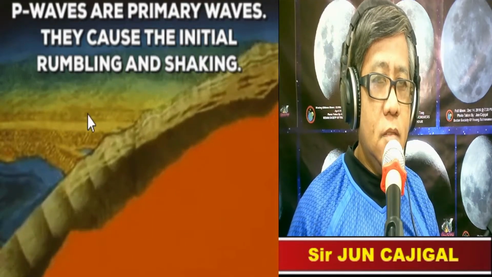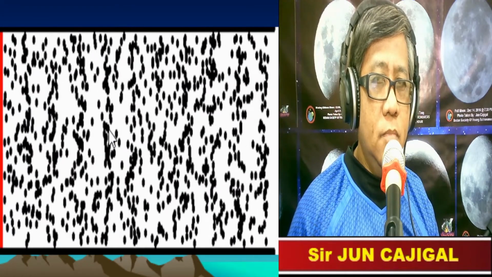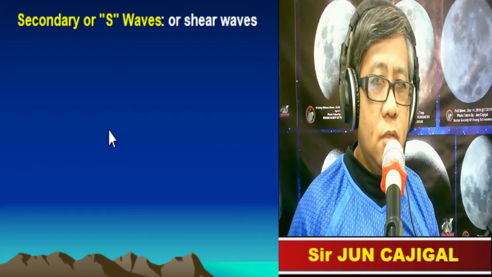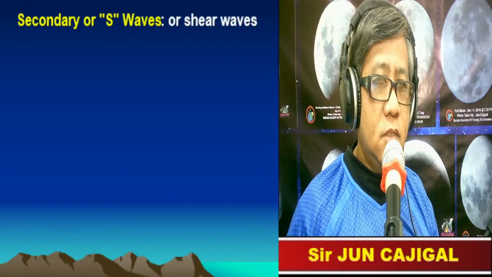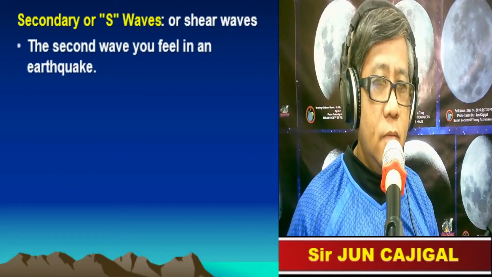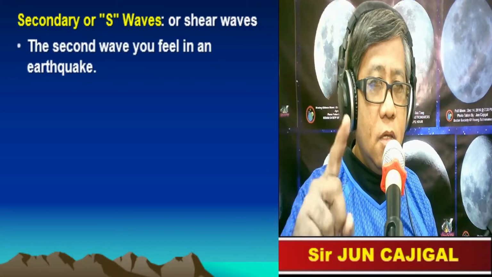Now, the second type of seismic wave is known as the secondary wave or the S wave, or sometimes shear waves. The secondary or S wave is the second wave that you feel in an earthquake.